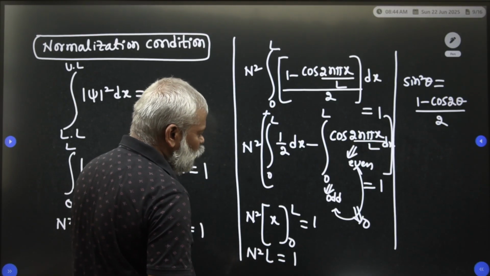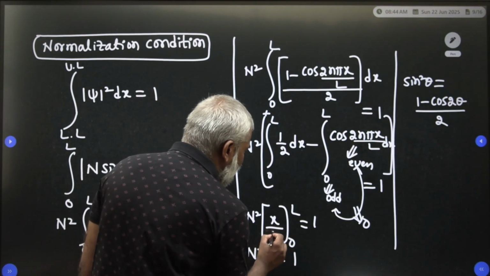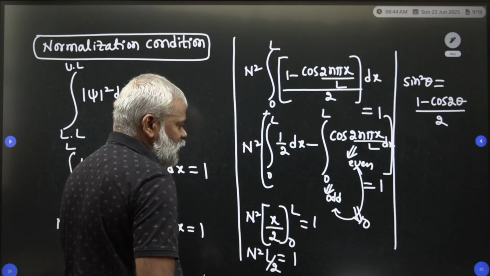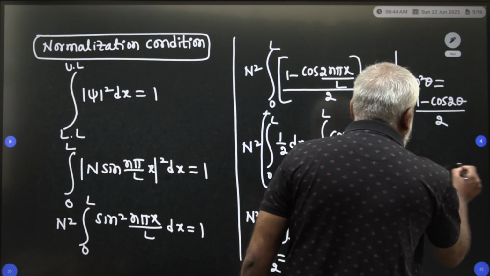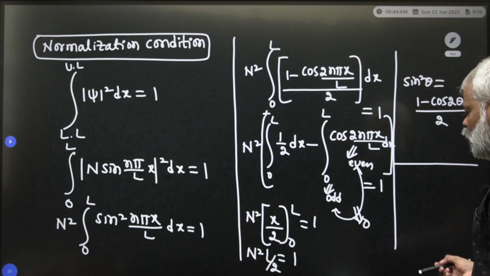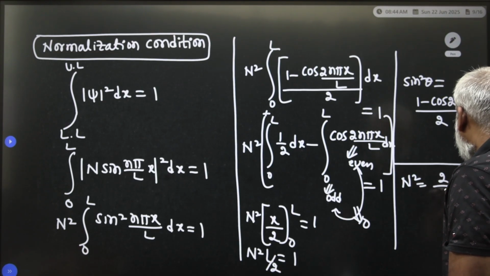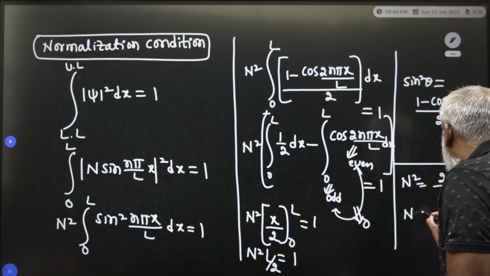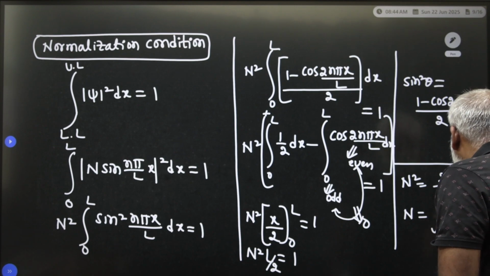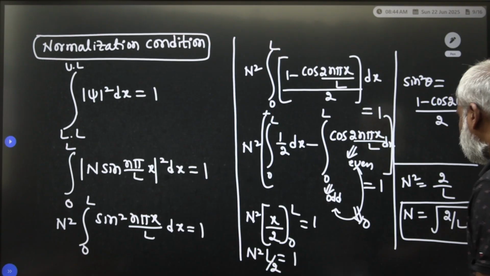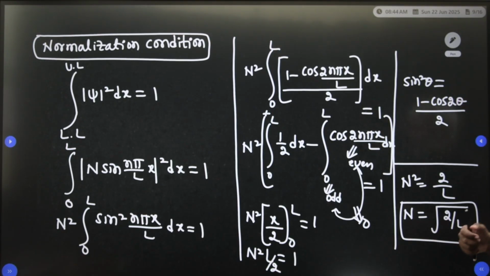N square into L divided by 2, so that is L by 2, you are going to get. Therefore N square is equal to 2 divided by L, so N is equal to square root of 2 divided by L. This is the normalization constant corresponding to your problem.